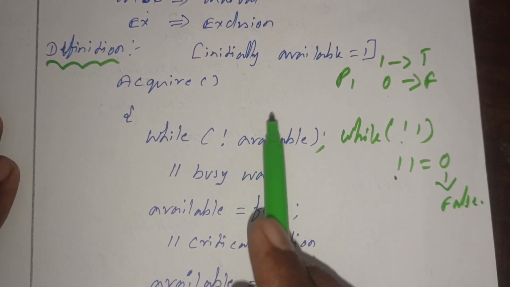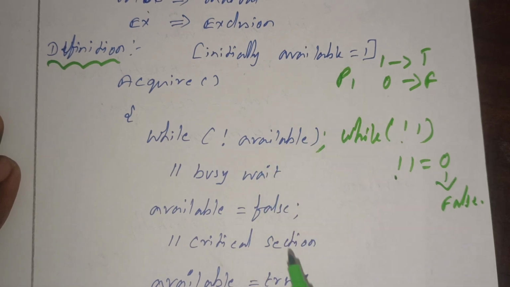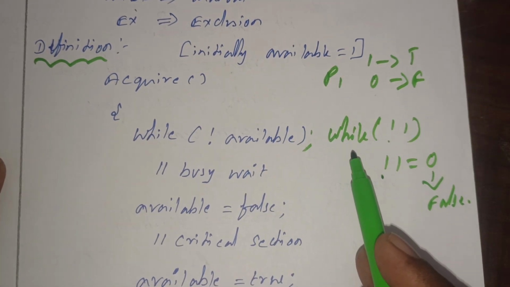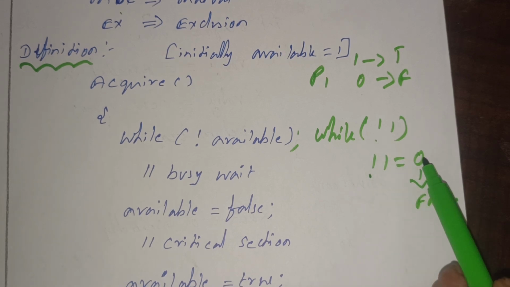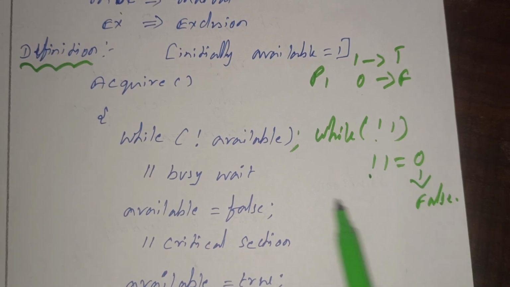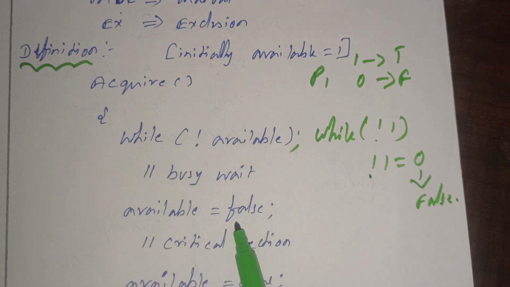Now initially process 1 finds that available is 1. This is how this while statement works. While not of 1, not of 1 is equal to 0. The condition is false. Now P1 breaks this loop and gets inside, right?